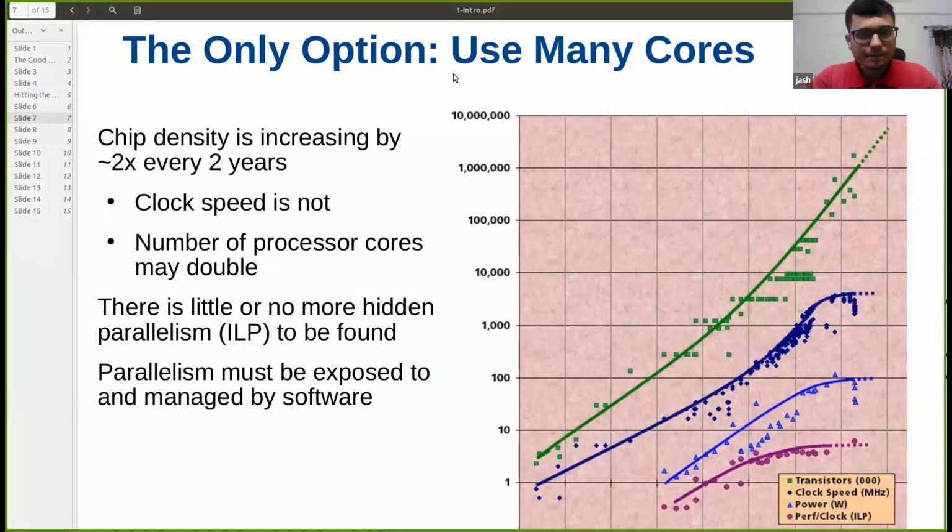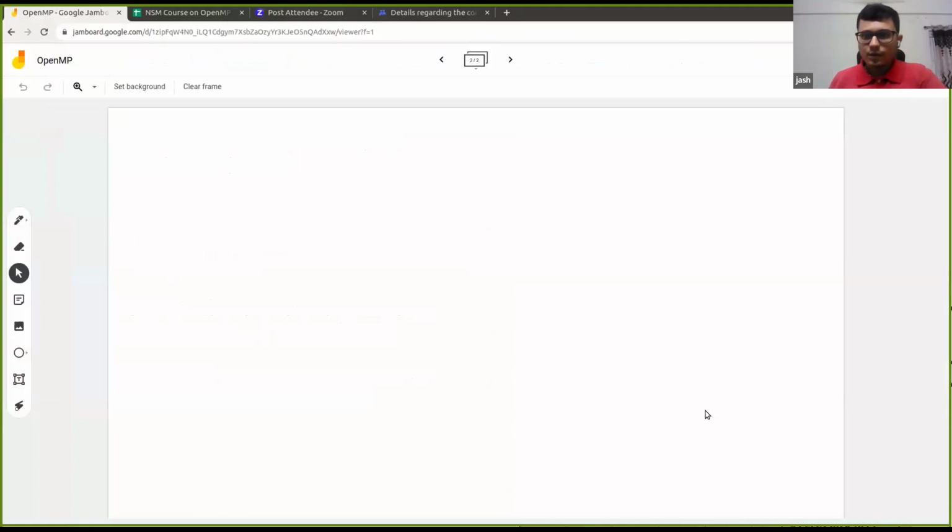I'm looking if there is any option to share another screen. No worries, even a small verbal explanation will do, and I can look it up. Okay, let me share this. Can you see this whiteboard now?